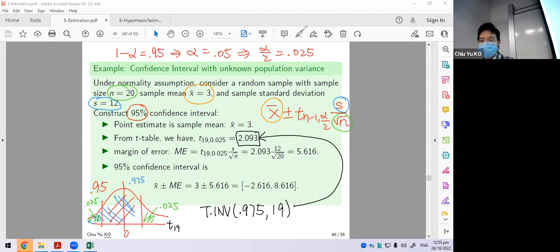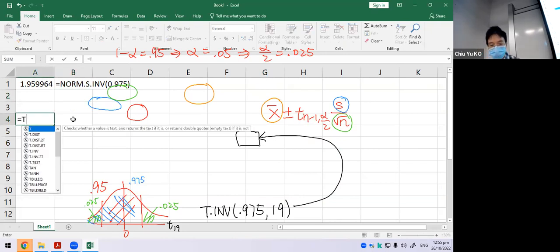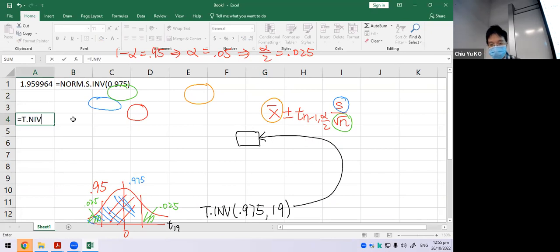Now I want to show you the Excel. I want this guy equal to t dot inverse 0.975, 19.